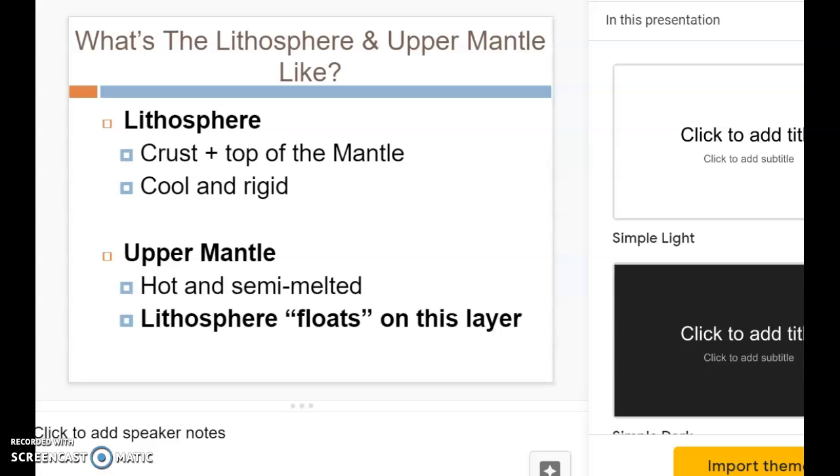The bread on the bottom would be the lower mantle. So the upper mantle is hot and it's semi-melted because of all kinds of pressure and friction. It's really hot and it's semi-melted. Here is where your lithospheric plates float on top of it. So you have the upper mantle that's liquidy, and you've got this hard, solid crust and lithosphere that floats on top of it because it's less dense.